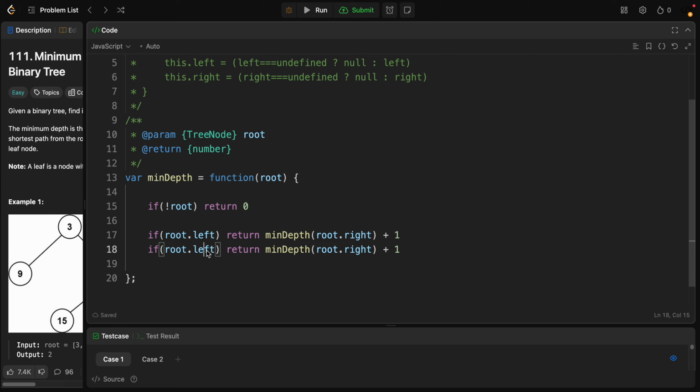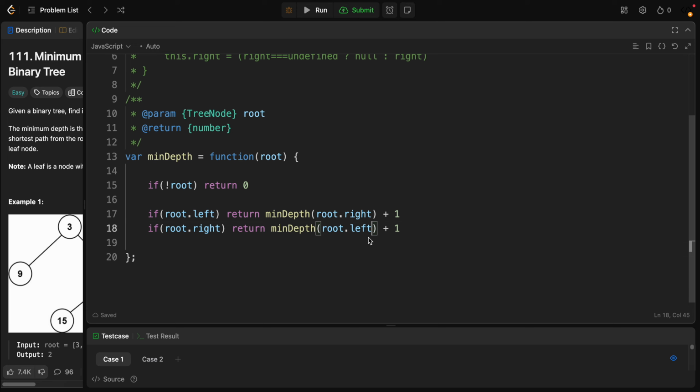So if one subtree is null, we return the depth of the other subtree. If we don't have root.left, we return the right one; if we don't have root.right, we return the left one. This is the other base case: if one subtree is null, we return the depth of the other subtree plus 1.